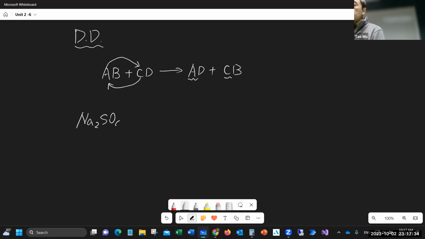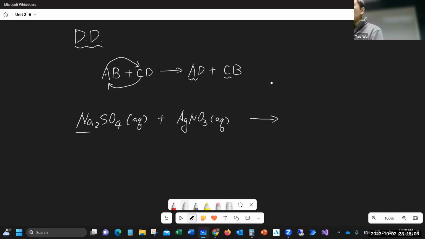Sodium sulfate plus silver nitrate. So those are aqueous solutions, which means they're dissolving in the water. They're in the solution, they dissolve in the water. Those are all soluble. So this is a double displacement reaction because we see an ionic compound and another ionic compound.